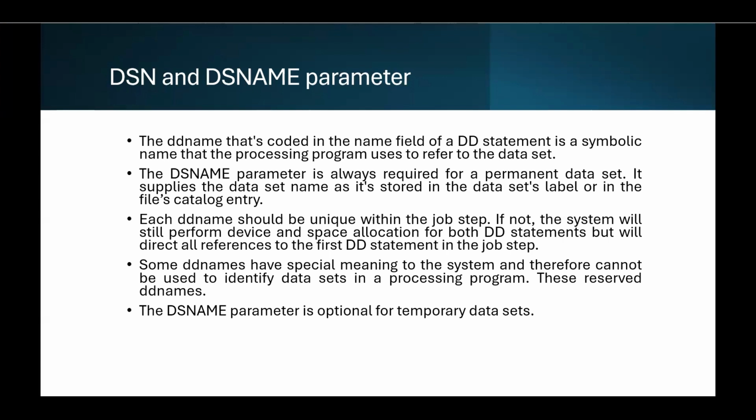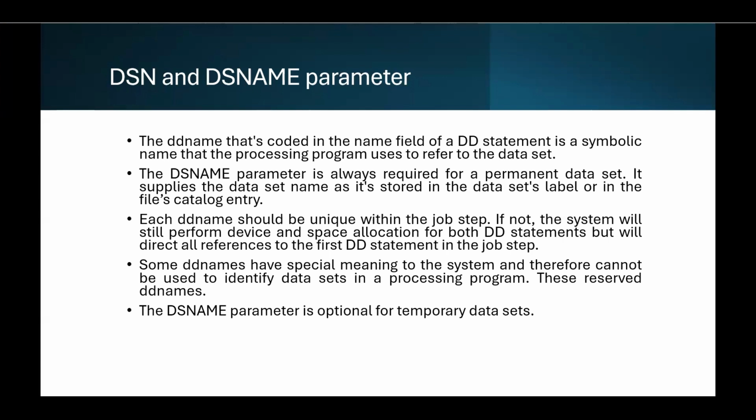And each DD name should be unique within the job step. If not, the system will still perform the device and space allocation for both DD statements, but will direct all references to the first DD statement in the job step. So sometimes we can have this scenario where you will be using the same DD name or the same file.